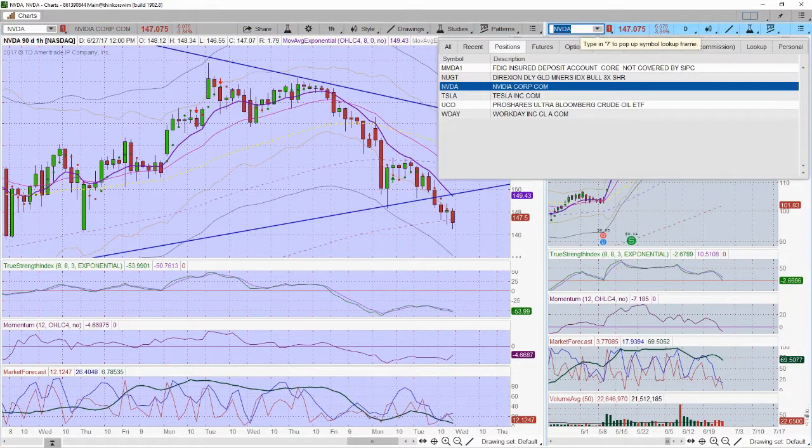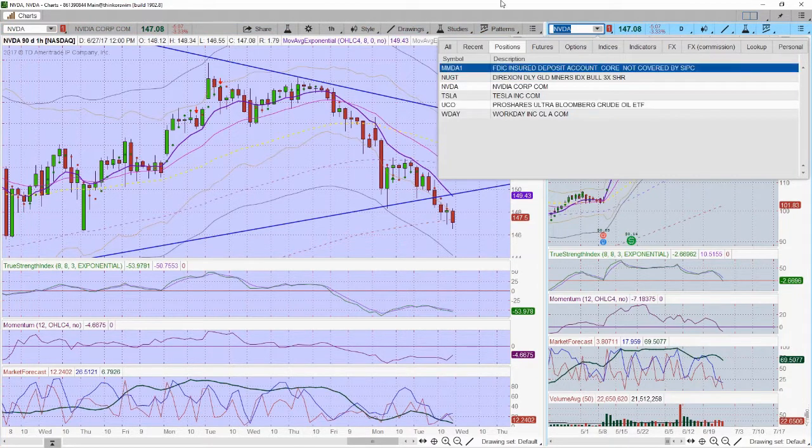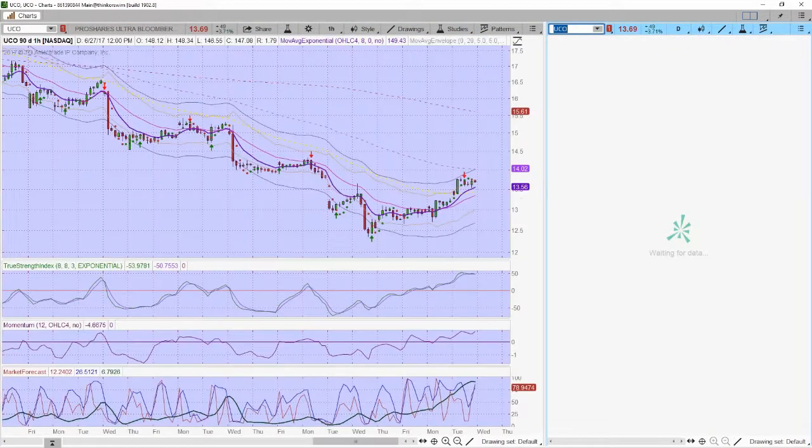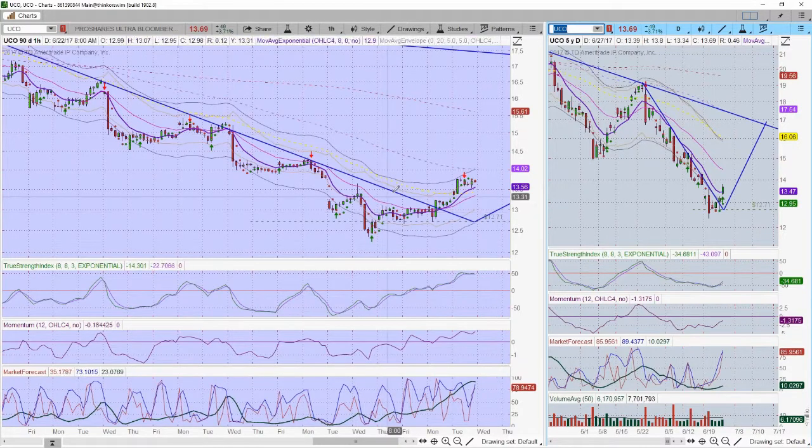Let's take a look at one last one. This is one we got into earlier this week, and again, this is off a daily. This is yesterday. We basically took a trade off of oil, I want to say last Friday, when we got this little bit of a tick up.